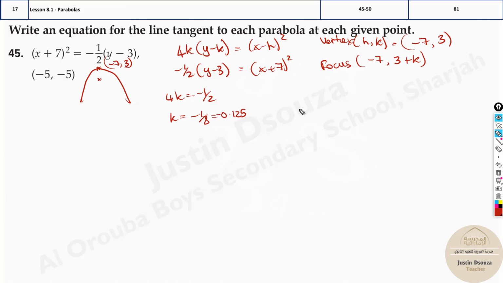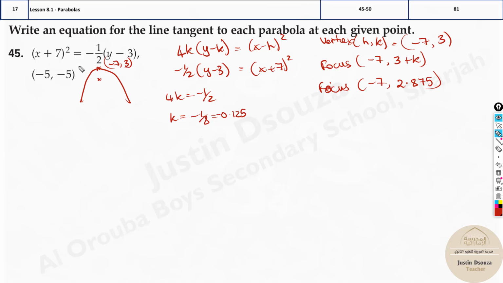Yeah, it's minus, so plus minus becomes minus. So you need to subtract 0.125 from this. So the focus will be minus 7 comma 2.875. Just use the calculator for this. So here, this is the focus.